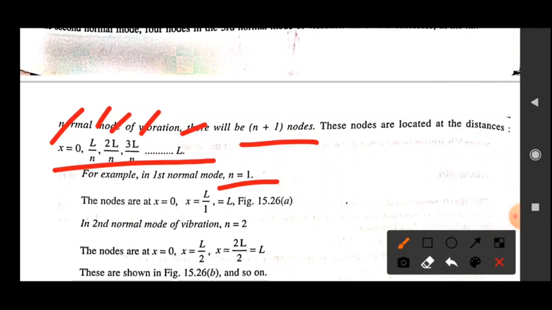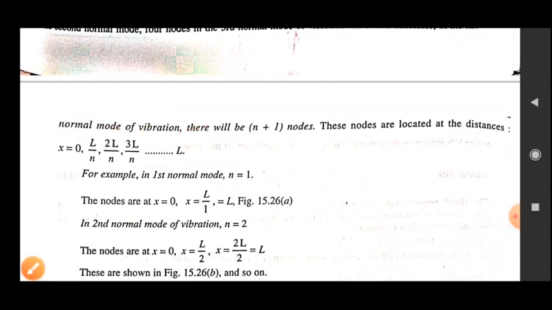So L upon 1 will be L. Now the next one, 2L by n, would give 2L, and that is not possible in a string of length L. So it means we have only 2 nodes, at x equal to 0 and at x equal to L. So 2 nodes in the first normal mode.